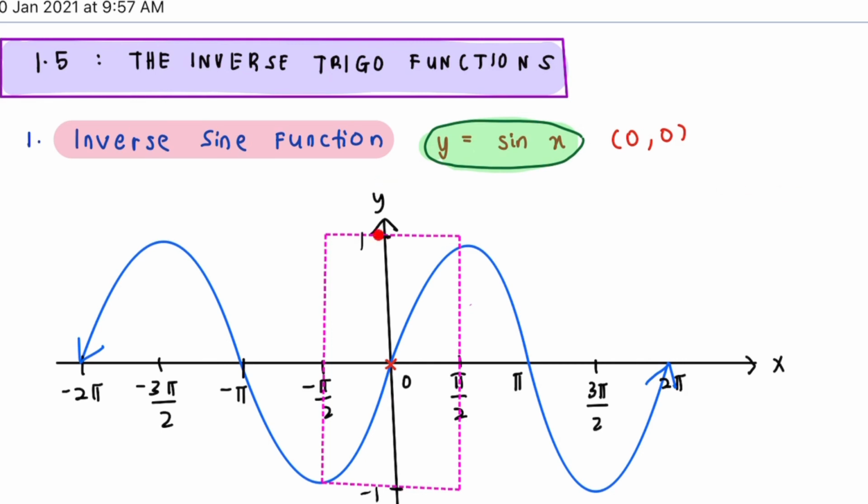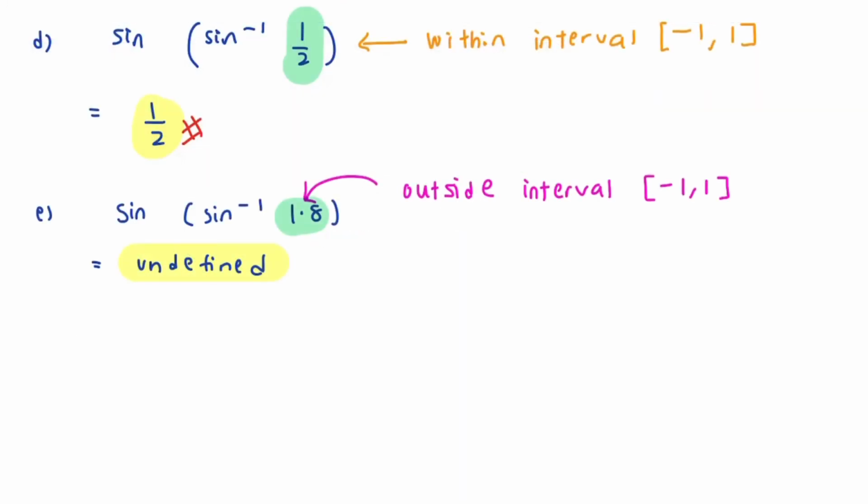Originally, we didn't cut our graph. The highest point must be 1, but now this is 1.8. So obviously, we cannot accept this. Therefore, we can just write it as undefined. You can also check this using a calculator. Shift sine 1.8 will give you a math error. So that's the end for inverse sine.